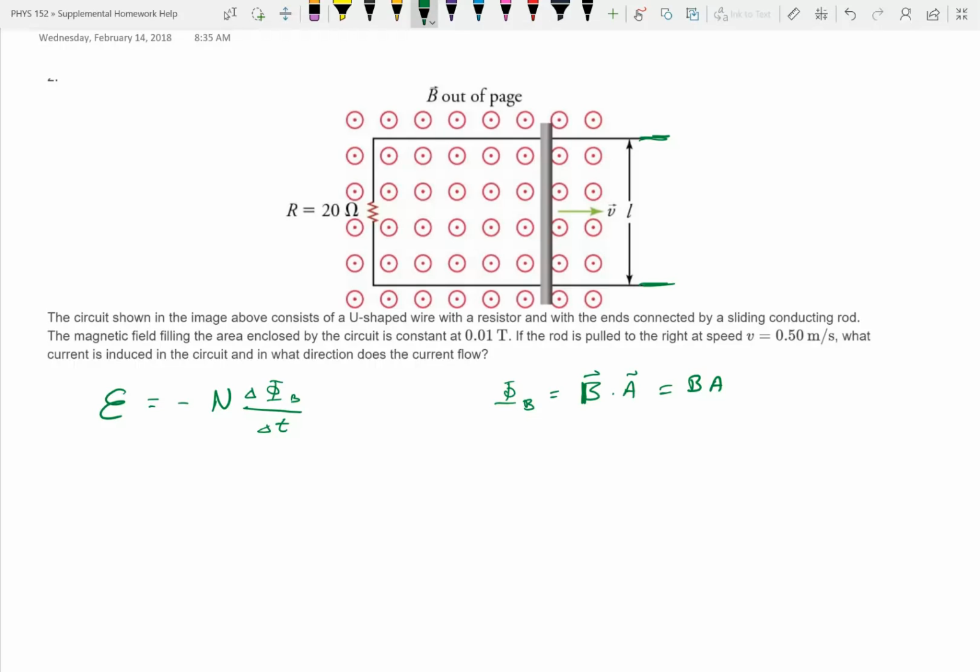What's the equation for the area? Just using your finger, where is the area of our loop? It says it's a U shape, so our loop is connected by the sliding conductor.